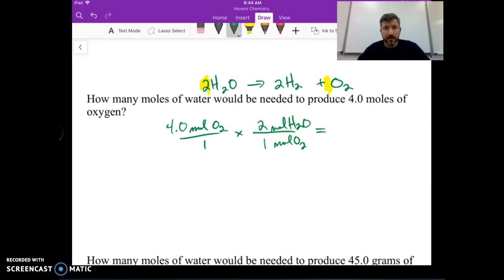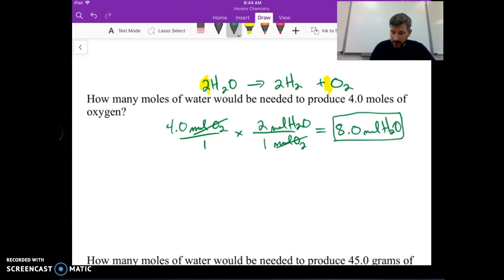And I'm going to bring that down into my dimensional analysis, into my unit conversion. Moles of oxygen would then cancel, and so essentially it's just 4 times 2. So with sig figs, it's going to give me 8.0 moles of water.